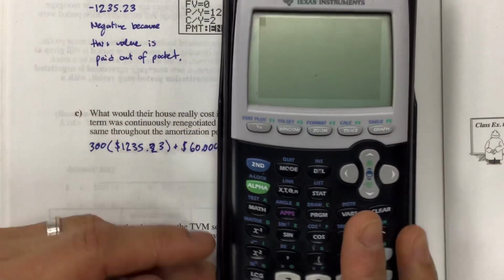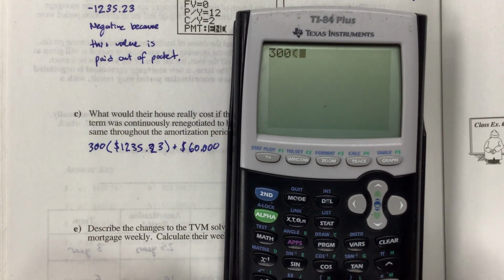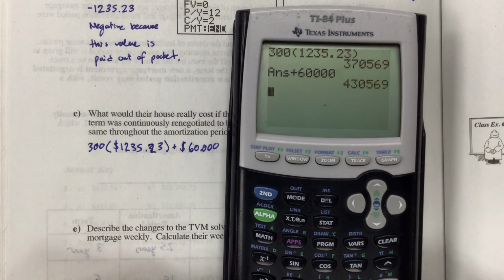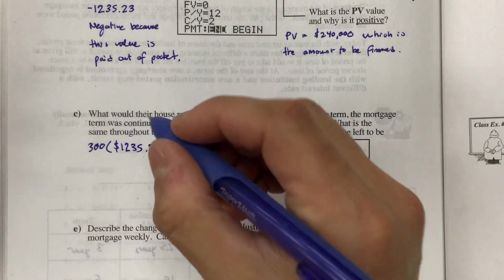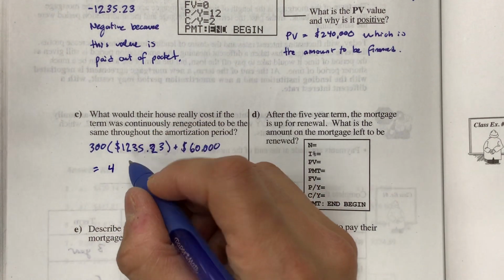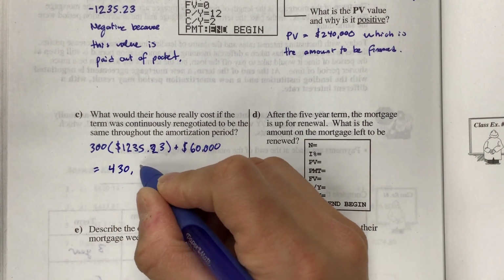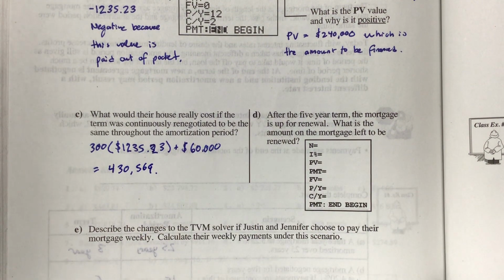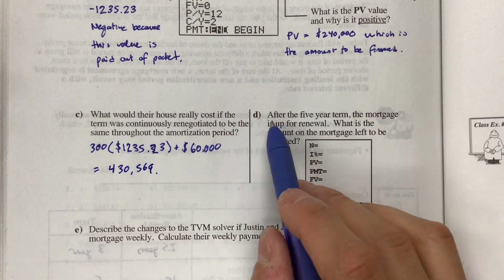All right, so we have 300 times 1,235.23 plus 60,000, which is $430,569.